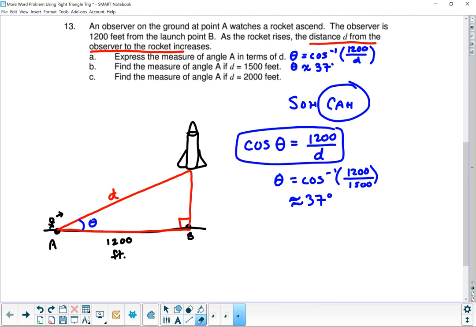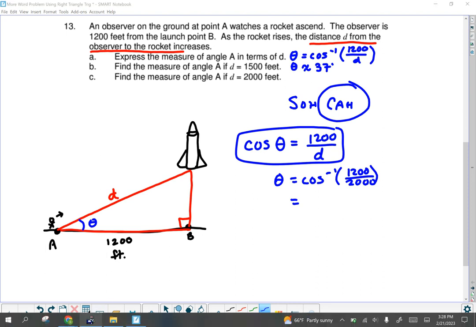Now find the measure of angle A if D is 2,000. All we're doing is changing 1,500 to 2,000 on the calculator.